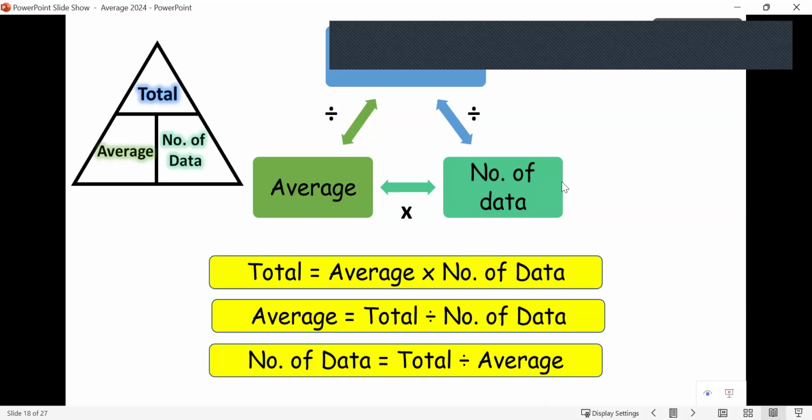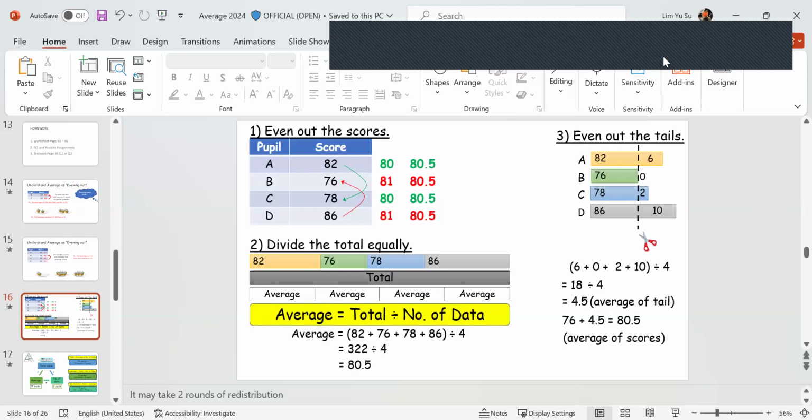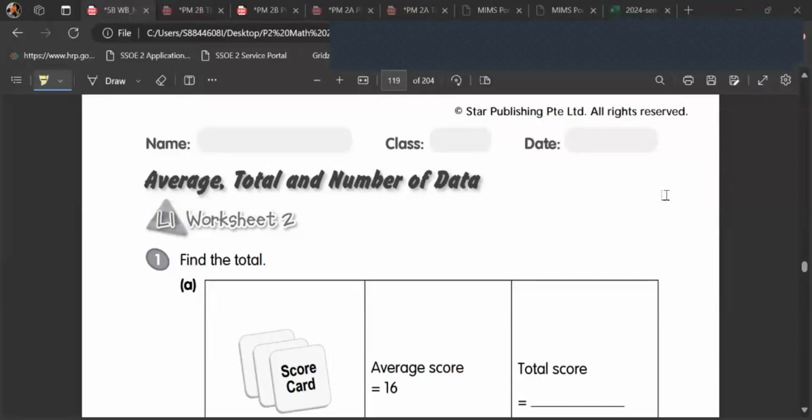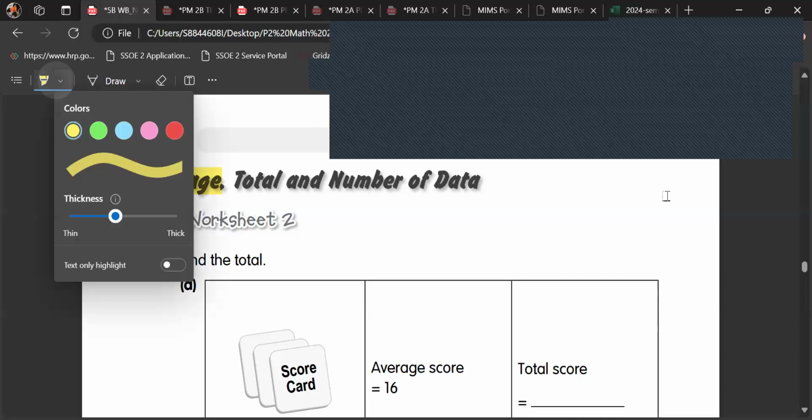Blue for total value, green for average, and then this other color for data. So here again, I have the average, I have the total and number of data.